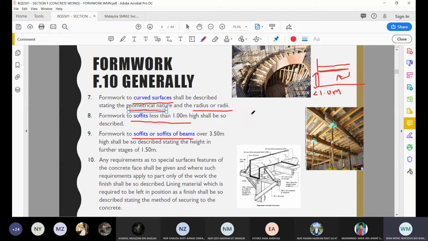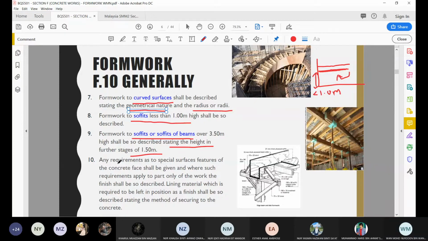Tapi beam kita tu lebih daripada 3.5 meter. This is normal yang kita biasa jumpa untuk wall ke, kalau lebih daripada 3.5 meter, memang kita kena kira. Asinglah over 3.5 meter high shall be so described stating the height in further stages of 1.5. Maksudnya 3.5 to 5, 5 to 6.5 and above lah.